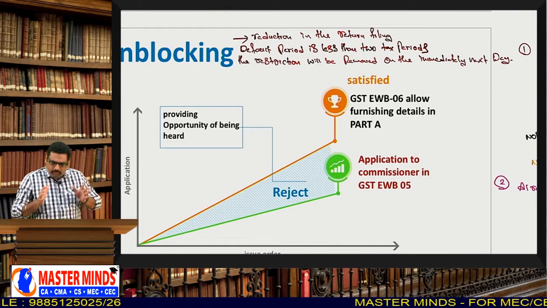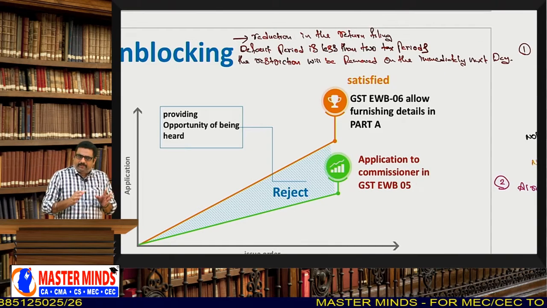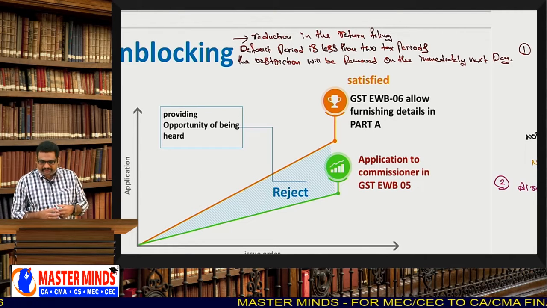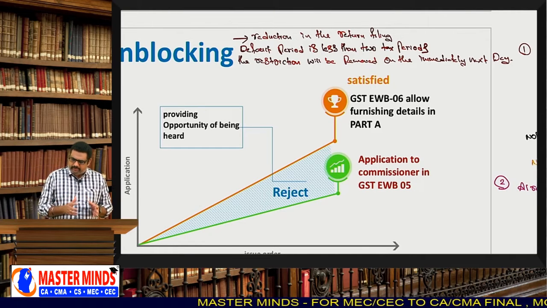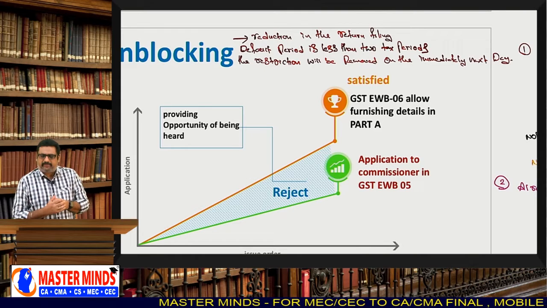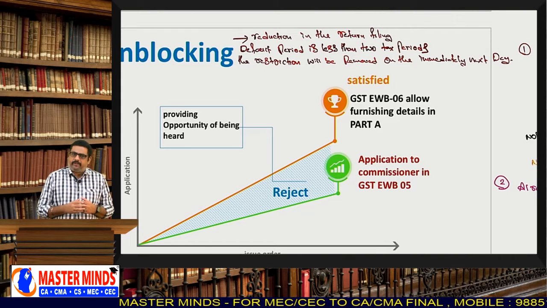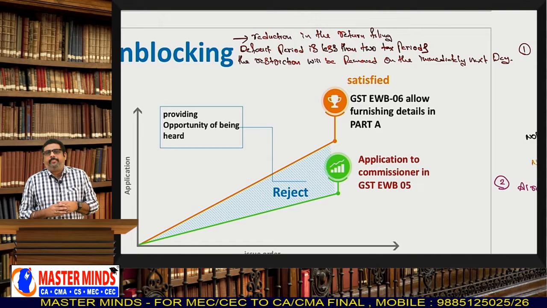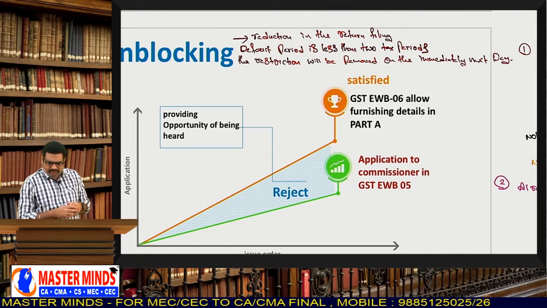With respect to unblocking, if there is a reduction in the return filing default period to less than 2 tax periods, the restriction will be removed on the immediately next day. If we are unable to file that particular return, then we can seek permission from the commissioner.